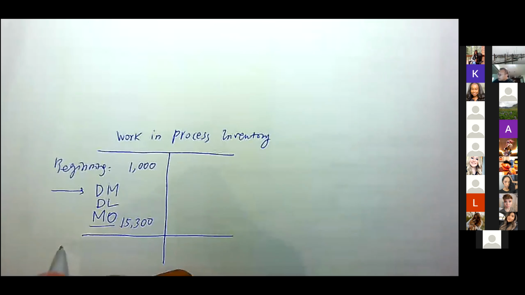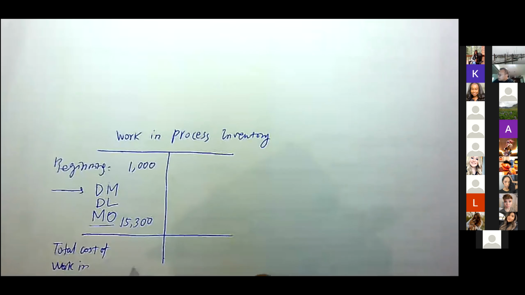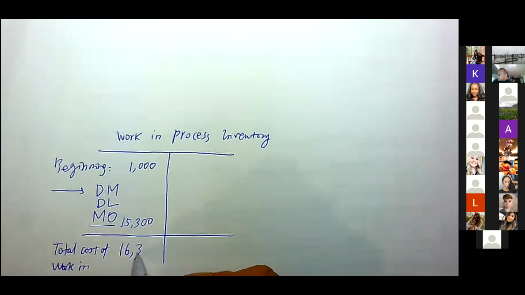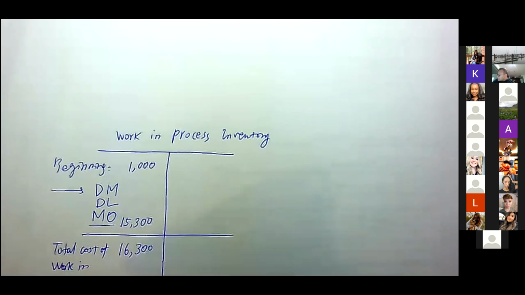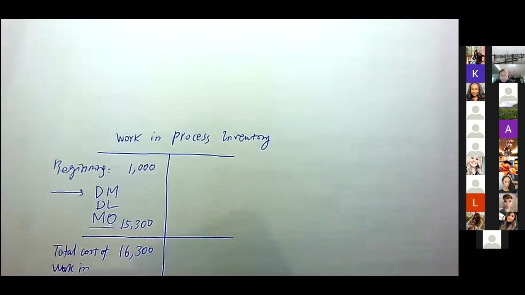Then we calculate the total cost of work in process, 16,300. So this is the total cost of work in process, right?